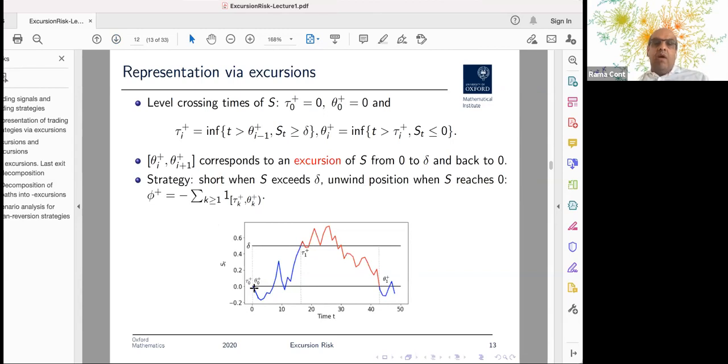All I know is that this signal is likely to oscillate around 0. So when it goes away from 0, let's say it goes up, and when it reaches a certain level delta, I say, this is not going to stay at this level delta. It's going to go back to 0 at some point. So I know it's going to go back.